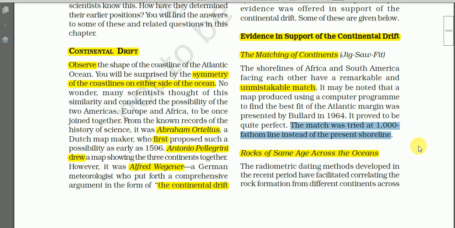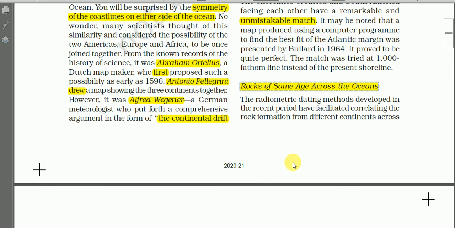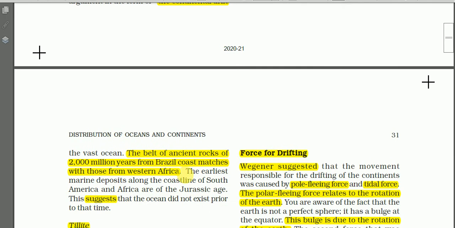Next we have rocks of the same age across the oceans. This is another evidence. Radiometric dating methods developed in recent periods have facilitated correlating rock formations from different continents across the vast ocean.